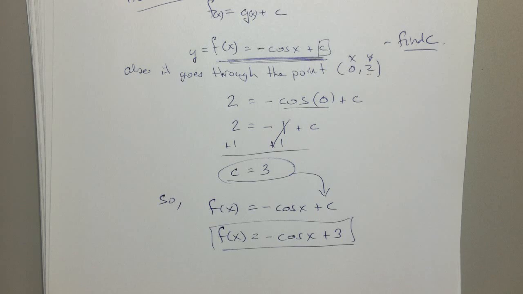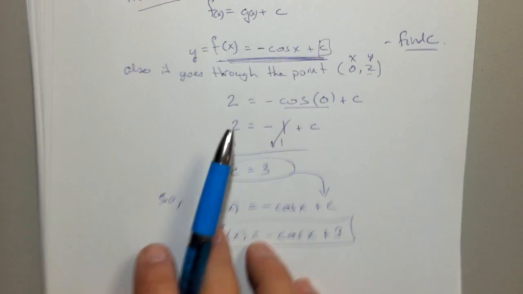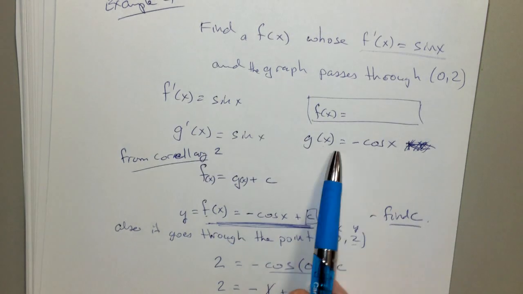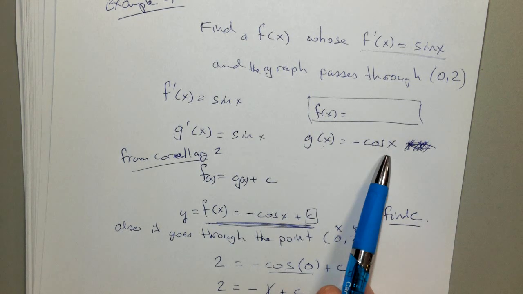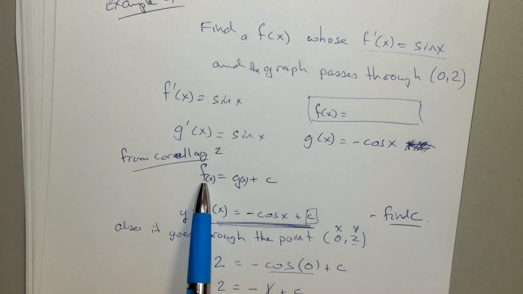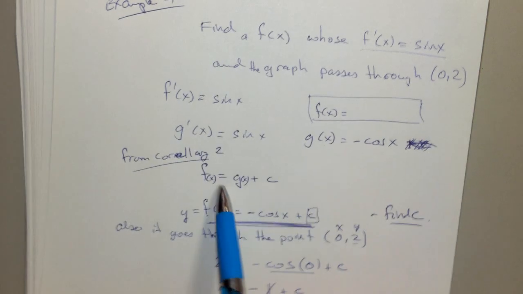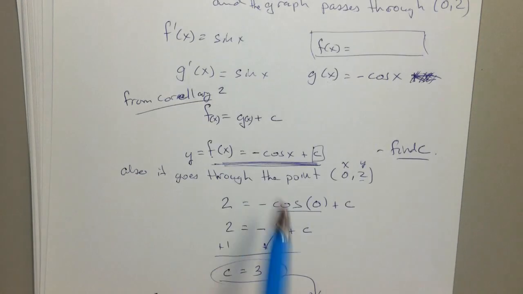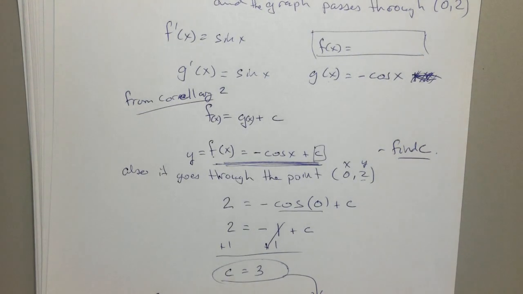So we first have to find a similar function whose derivative equals sine x: negative cosine x. That's what we start off with. That's g of x. So our function, according to corollary 2, has to be the same function plus some value c, and it has to go through (0, 2). So we plug everything in there.